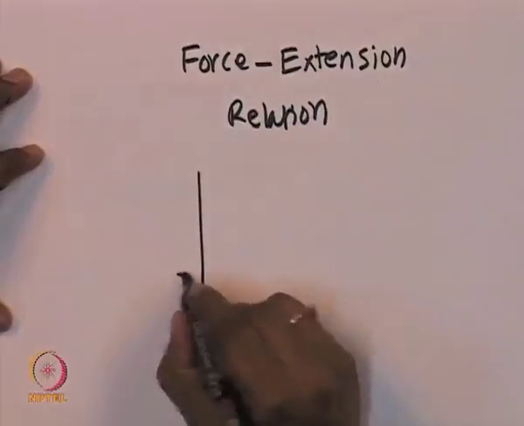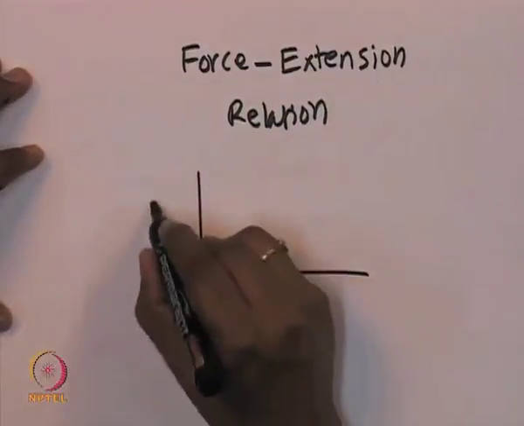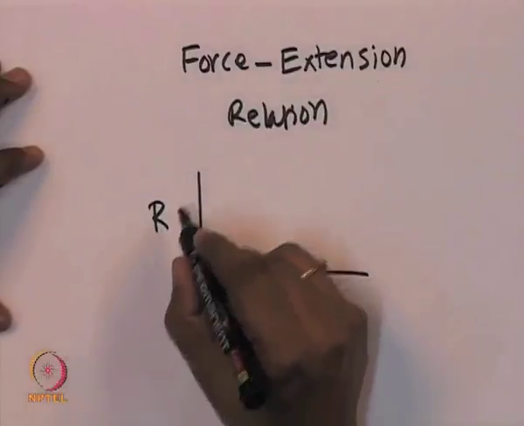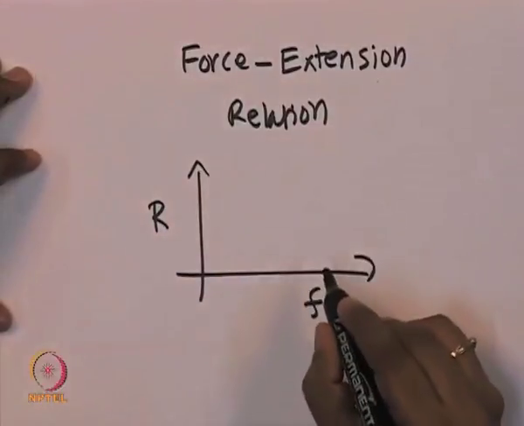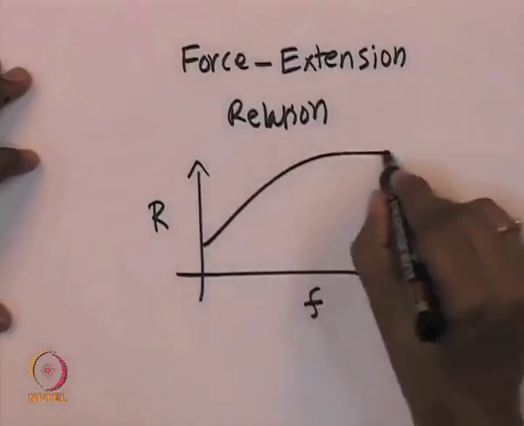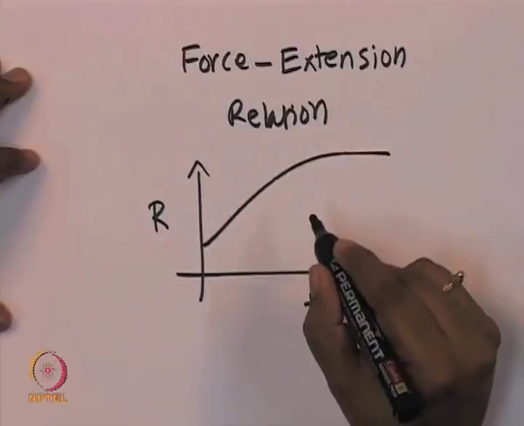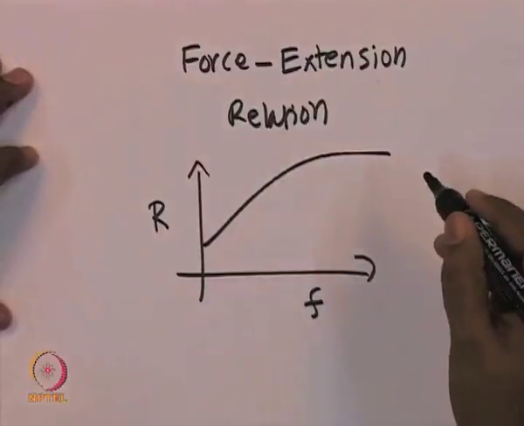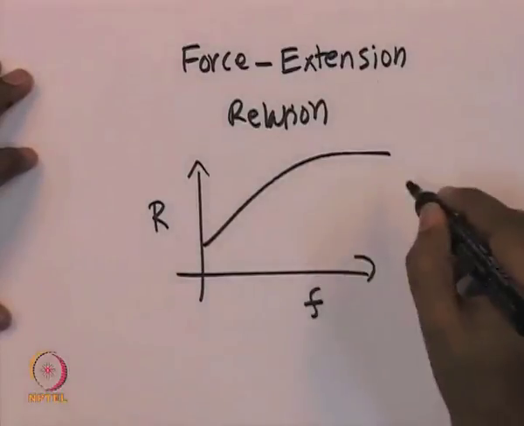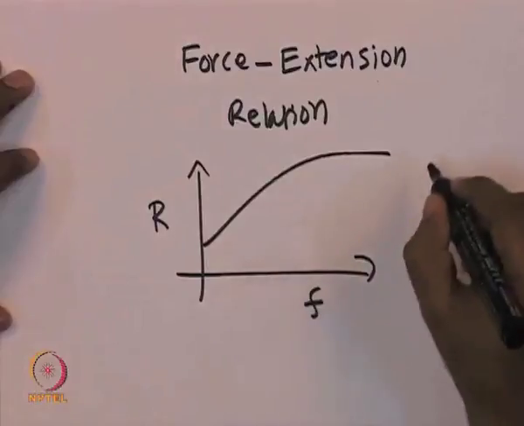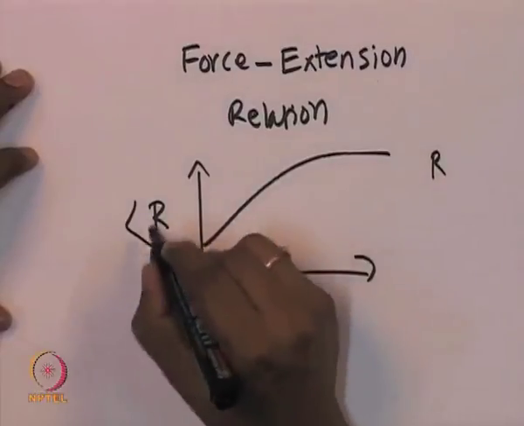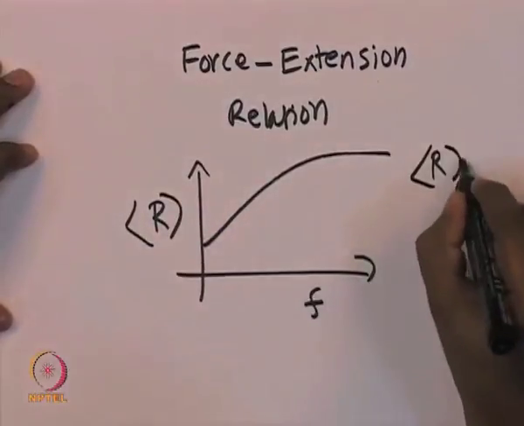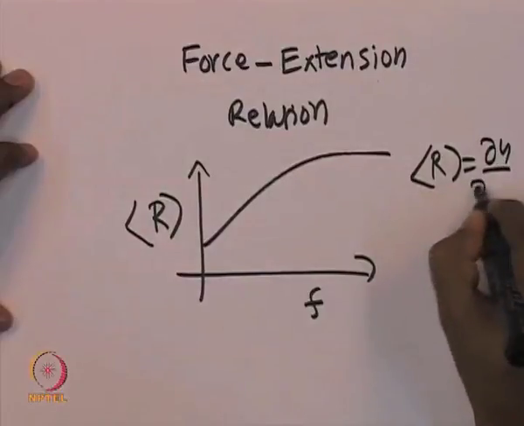You may plot force and the end-to-end extension of the DNA, and we said that it can look something like this. We will see how exactly it looks today, but this relation can be calculated by taking the derivative. So, the average r can be calculated as del g by del f.